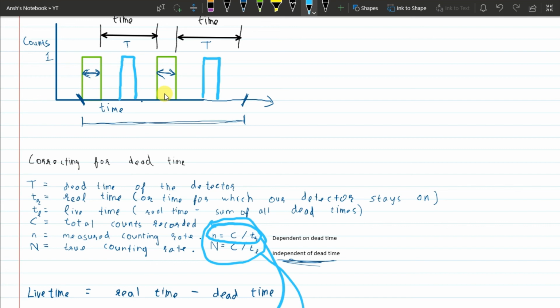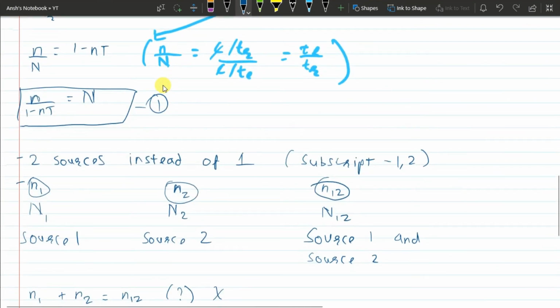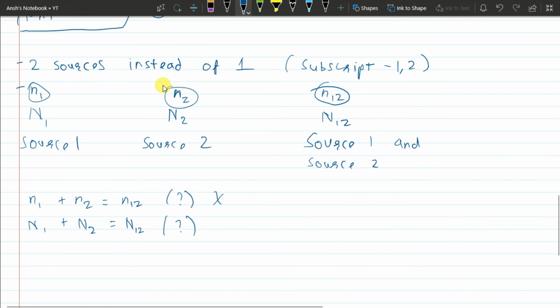So two counts for the first source and two counts for the second source upon the live time, which is the duration of these green bars and these blue bars right here. So it has nothing to do with dead time. There's no relation with dead time. So it won't matter if we have one source or two sources. We can always say that capital N1 plus capital N2 will give us capital N12.